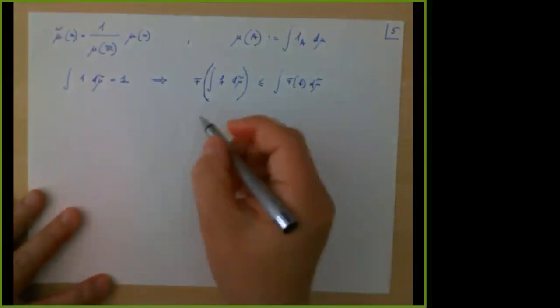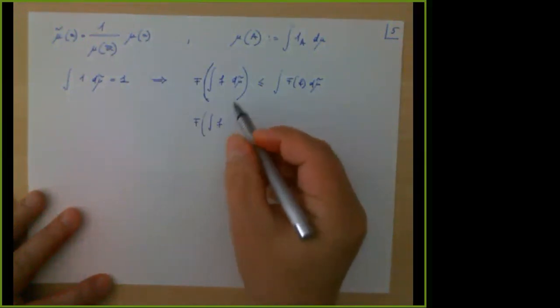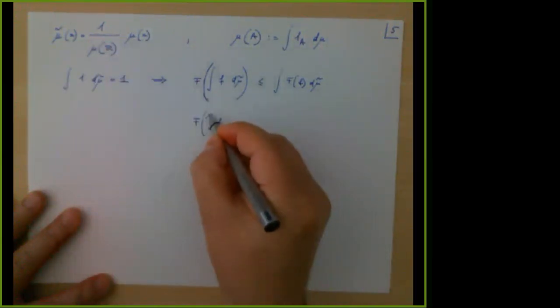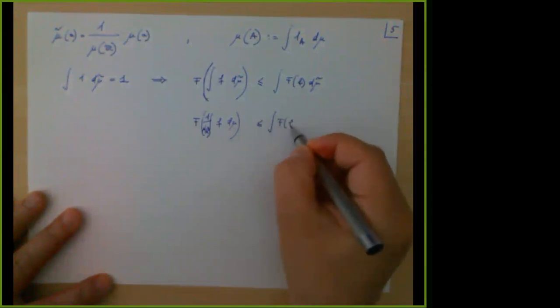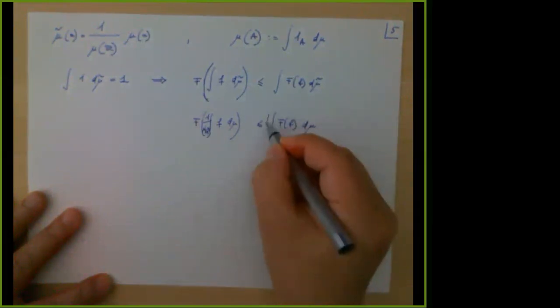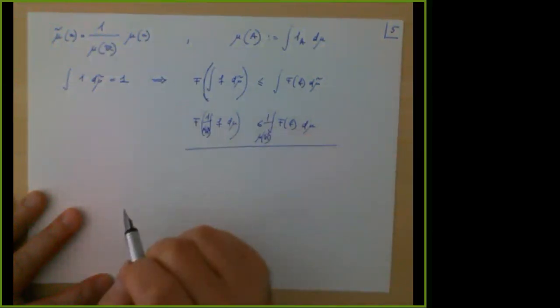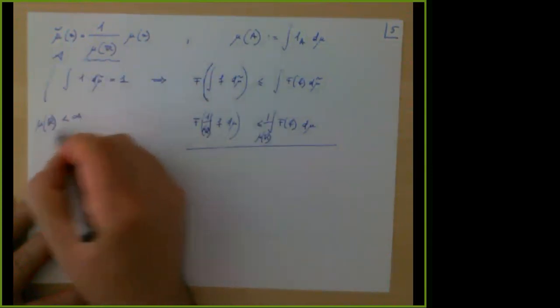But what does this mean? This means nothing else than f of the integral of f, with the factor 1 over mu of R here and the usual d mu, is less or equal than the integral of f of f d mu times 1 over mu of R. We have this replacement, and note that we absolutely need this to be finite.